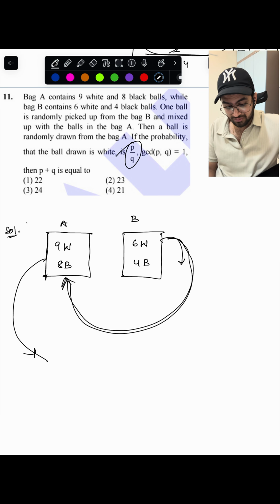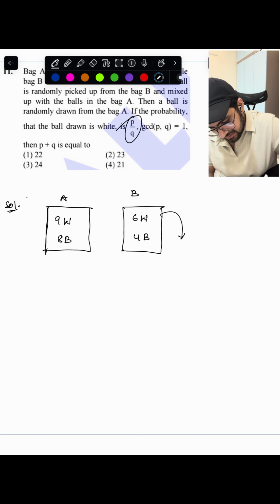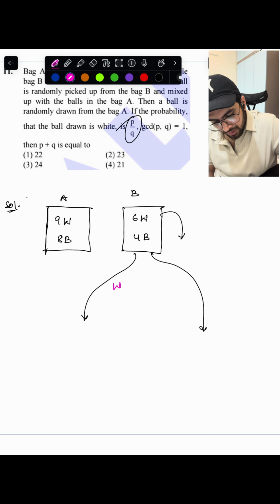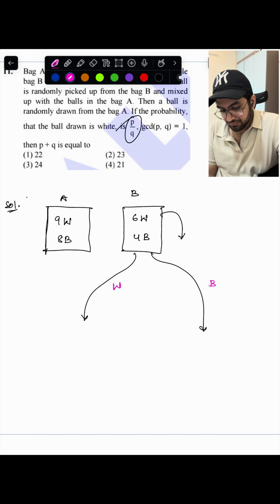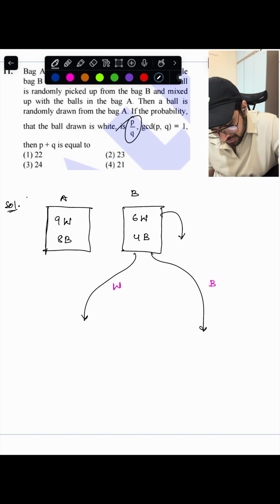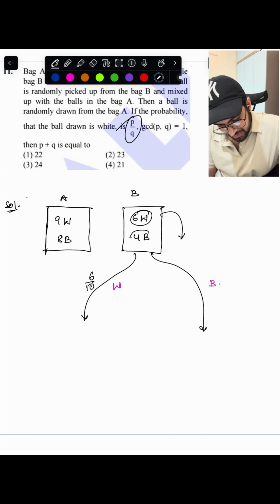From bag B we can pick a ball in two ways: one white ball you can pick, or black ball you can pick. For picking up the white ball, what is the probability? 6 white and total 10 balls are there. So 6 by 10 is the probability of picking white ball, and in how much probability we can pick black?